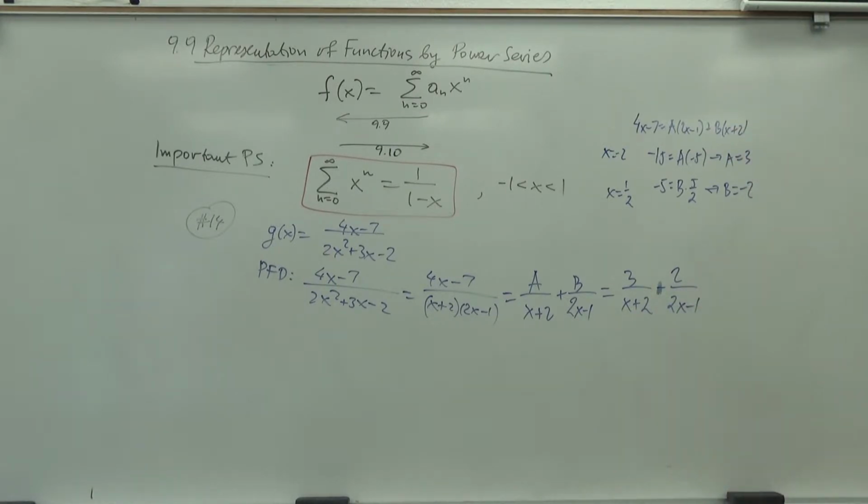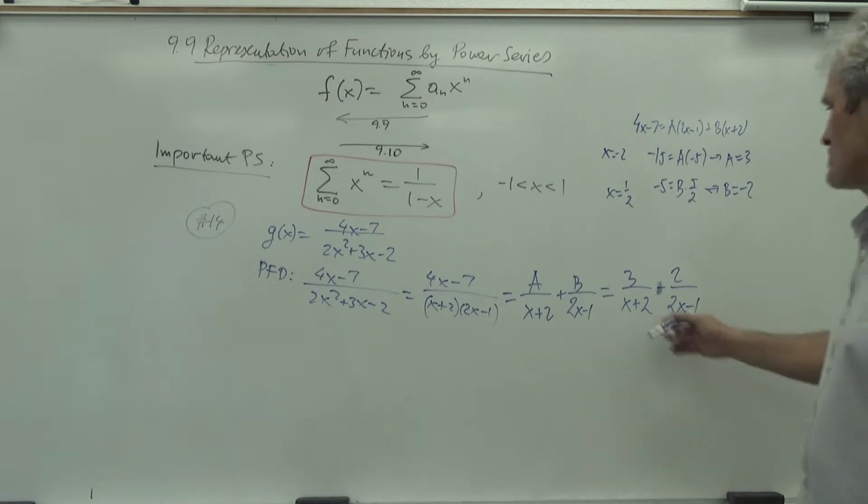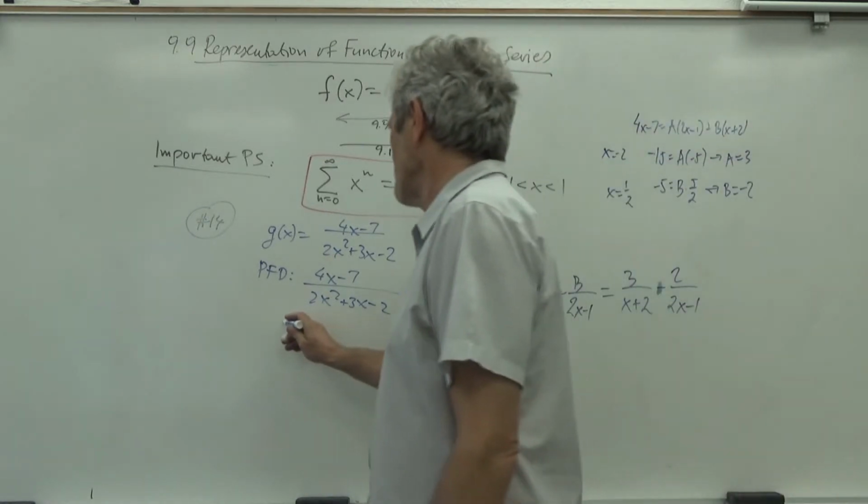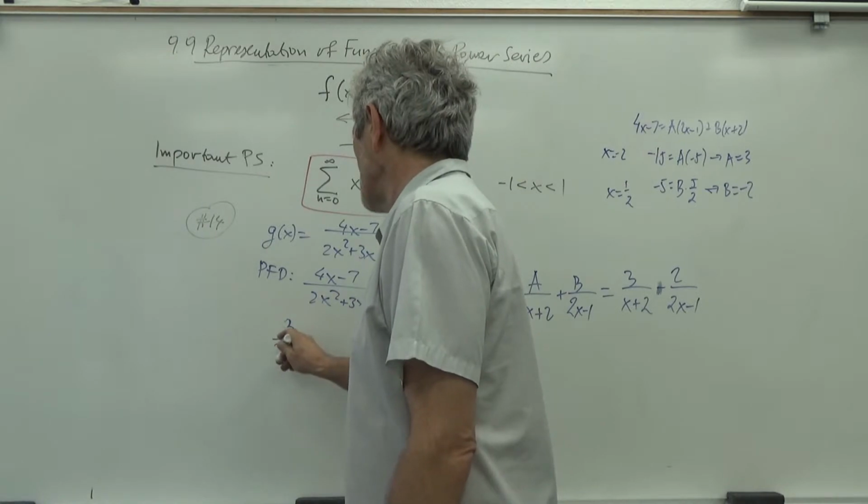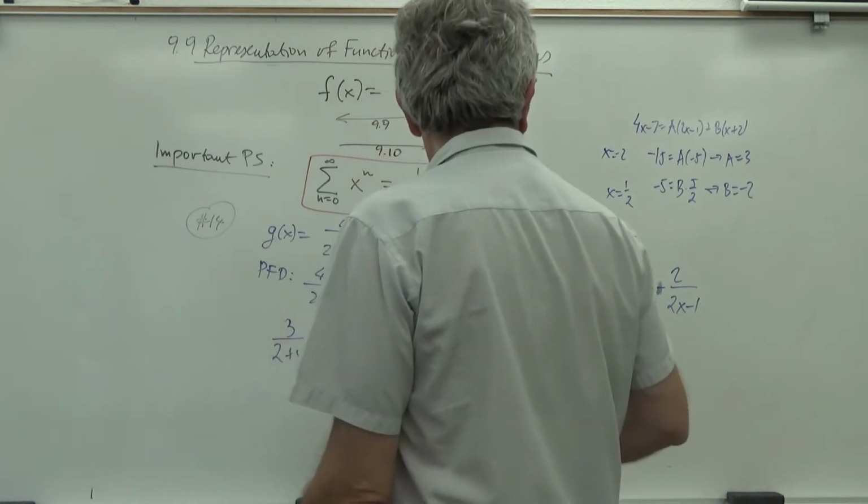A good thing here is they didn't specify any other center of development, so we'll just use c equals 0. We just represent each of them. So 3 over, I'll write 2 plus x first.